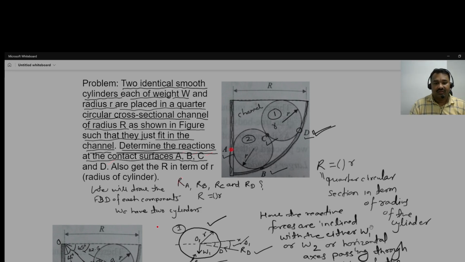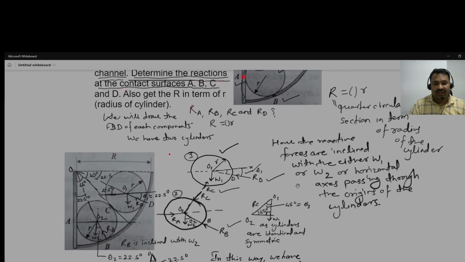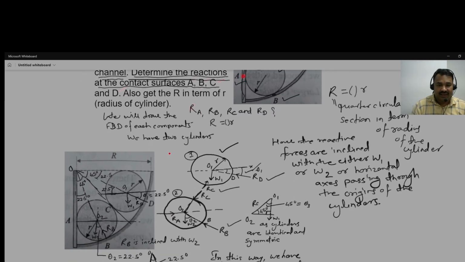So we have already made the FBDs with the help of the previous video. This is for cylinder 1 and this is for cylinder 2.